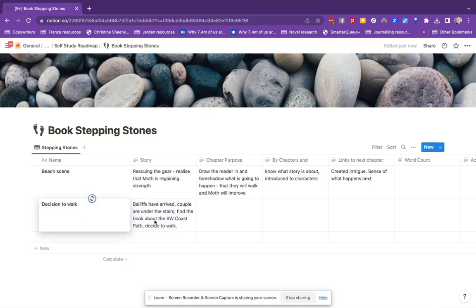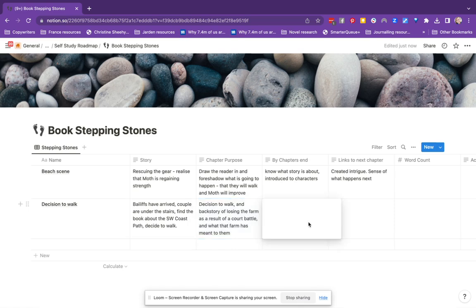Okay, and so the purpose of that is that chapter has the story of both the decision to walk, they're sharing that, but also the backstory of losing the farm, what it means to them. So there's a court battle, and, yeah, what that farm has meant to them.